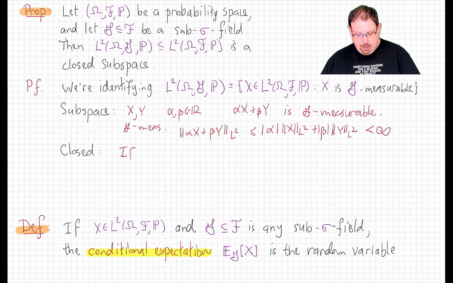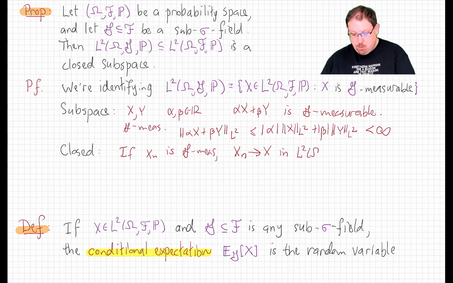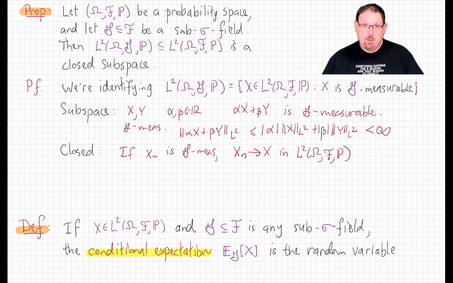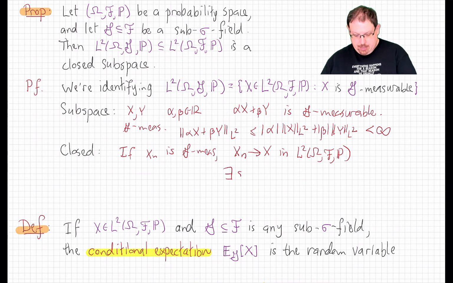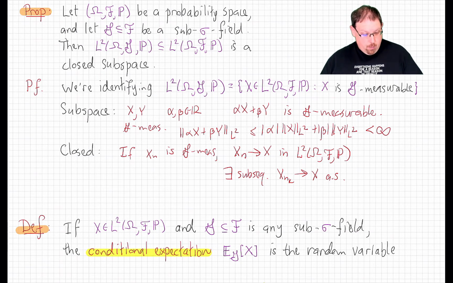Well, if x_n is a sequence of G-measurable functions, and if x_n converges to x in L2 of the larger sigma field, then we know, since convergence in L2 implies convergence in probability, and convergence in probability implies the existence of an almost surely convergent subsequence, that there exists a subsequence, x_{n_k}, that converges to that same x, or a version of it, almost surely.